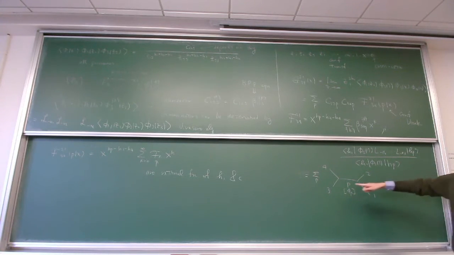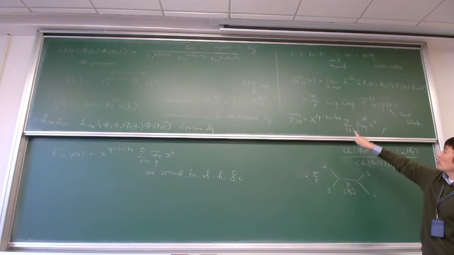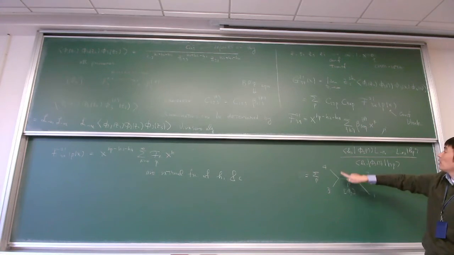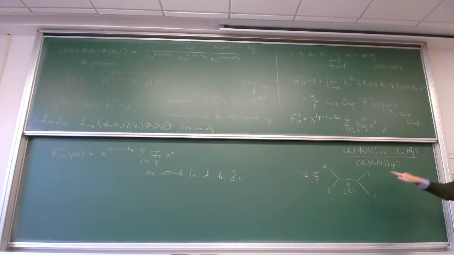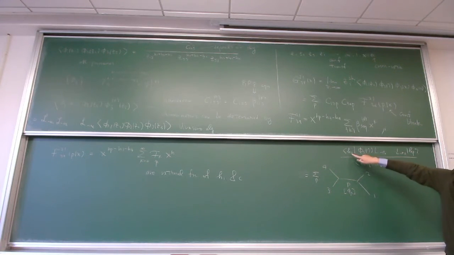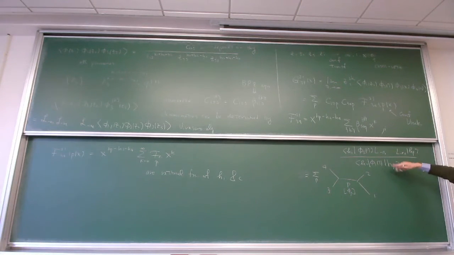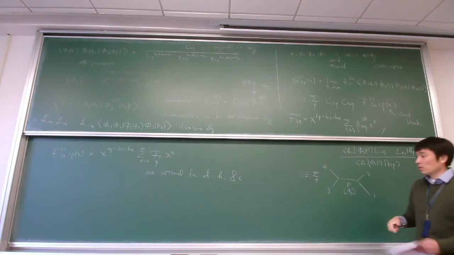If you take 3 and 4 and fuse, you have a primary field p, and the p dependence can be determined by all the Virasoro generators acting on hp, and then contracting with h1 and phi 1 and phi 2. Up to normalization, you can determine this conformal block.